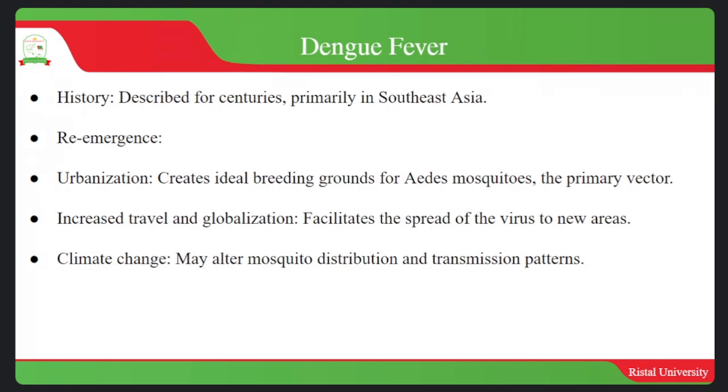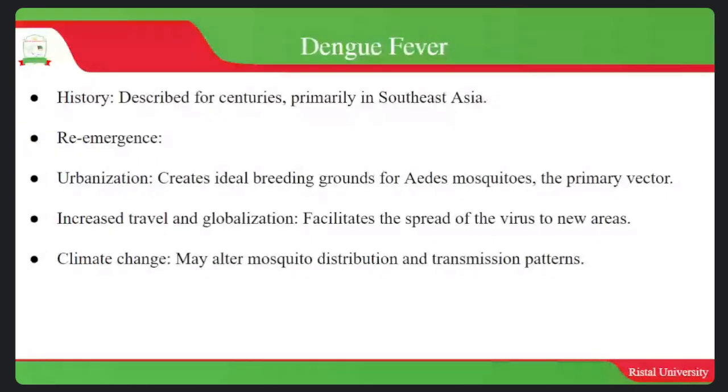Dengue fever is also one of the re-emerging diseases, and it has been described for centuries, primarily in Southeast Asia. Re-emergence has occurred due to urbanization that creates ideal breeding grounds for the mosquitoes, the Aedes mosquitoes that are the primary vectors.